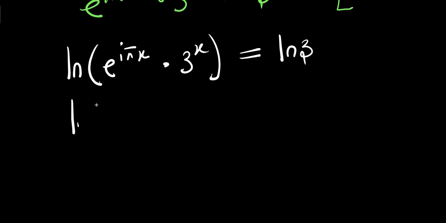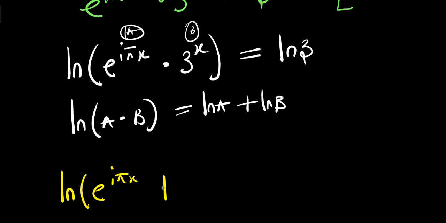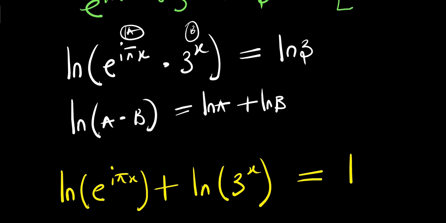So if you have natural log of a times b, this equals natural log of a plus natural log of b. So this is our a, this is b. So from here, we have natural log of e^(i pi x), that is our a, plus natural log of 3^x, that is our b, equals natural log of 3.